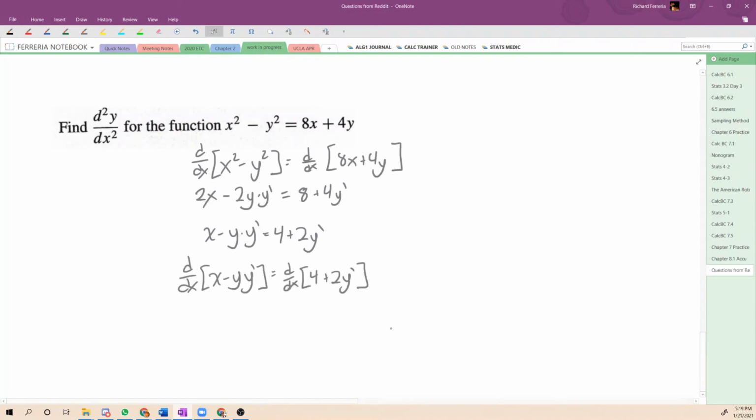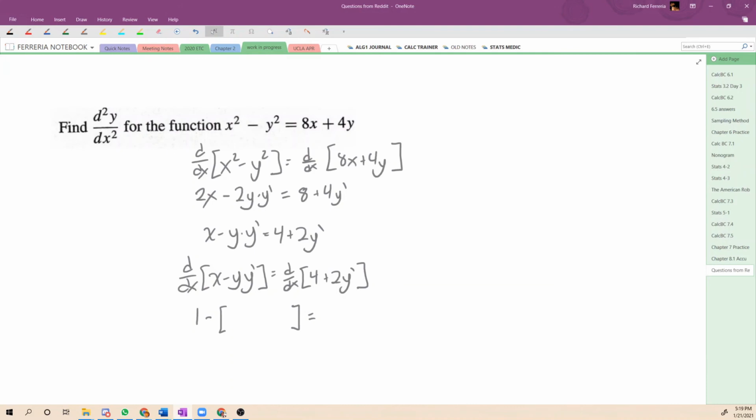To make things manageable, we'll divide everything by 2, and then we'll take the derivative of the left again, and that'll be equal to the derivative of the right again. The derivative of x is 1 minus the derivative of y y prime, which is a product. So I'm going to have to use the product rule on this one.